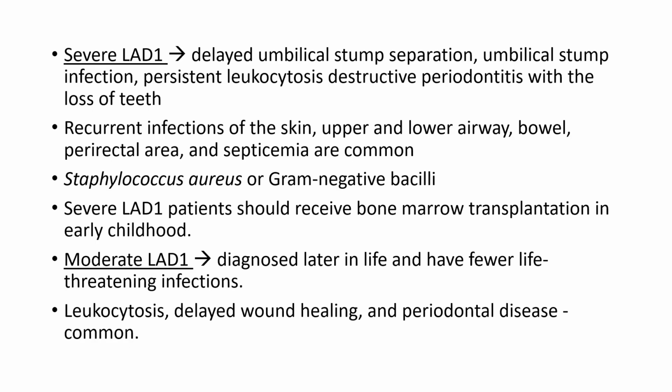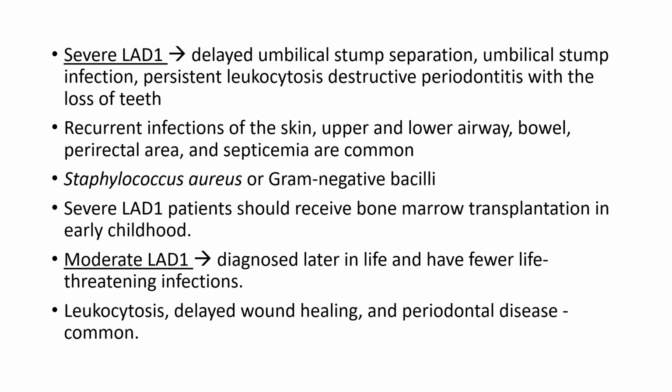Severe LAD1 patients usually present with delayed umbilical stump separation, umbilical stump infections, persistent leukocytosis, destructive periodontitis with loss of teeth. There are recurrent infections over the skin, upper and lower respiratory tract, GIT, perirectal areas, and septicemia is more common.